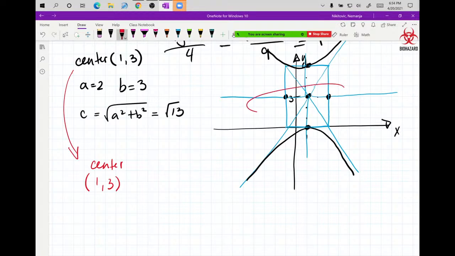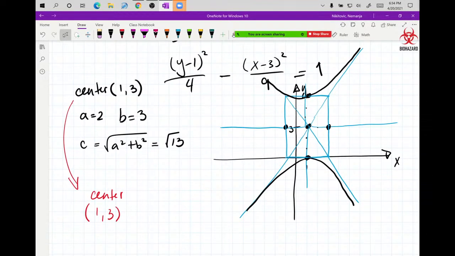So everything happens on this elevation. Everything happens according to this, showing the middle here. All right, so let's go and calculate the rest, which are these asymptotes and so on.